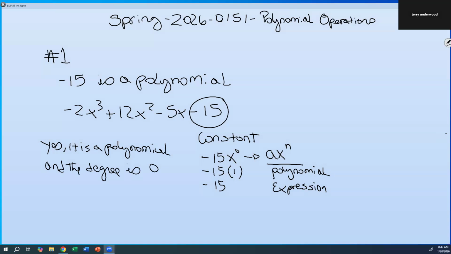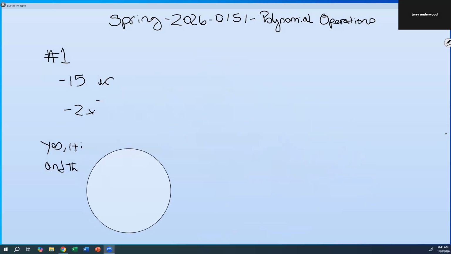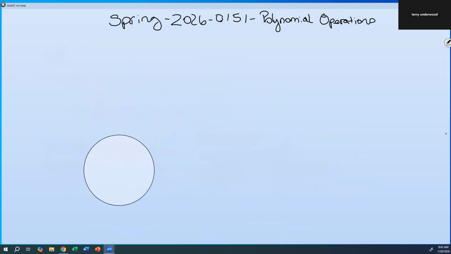Negative 15 is a polynomial, and the degree of this polynomial is 0. Well, that was another kind of question that you will see in your assignment. Let me keep moving. And if you need more in-depth explanation of any of these questions, please shoot me an email, because I'm trying to cover the most I can.